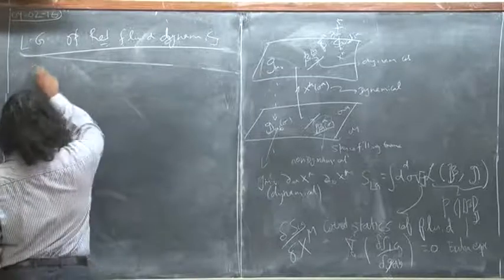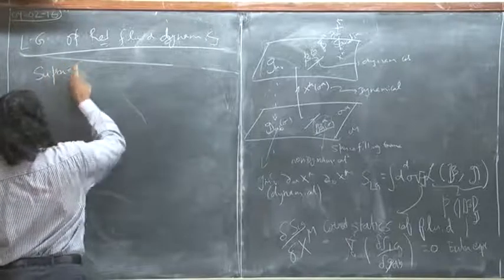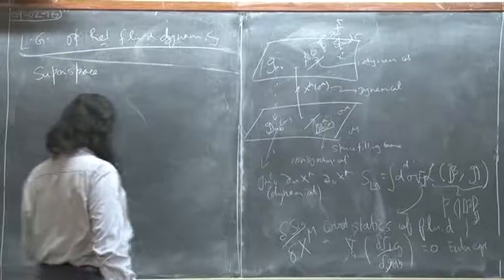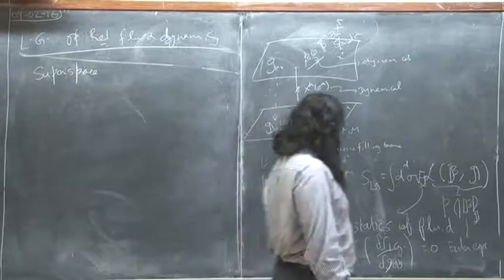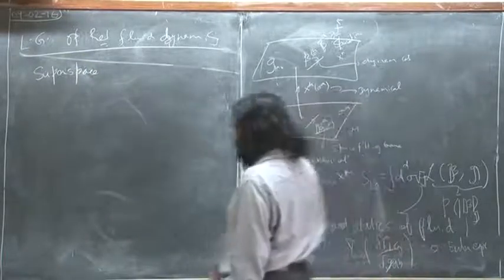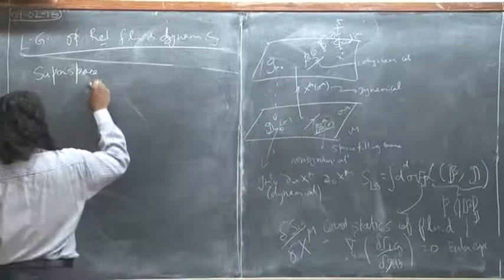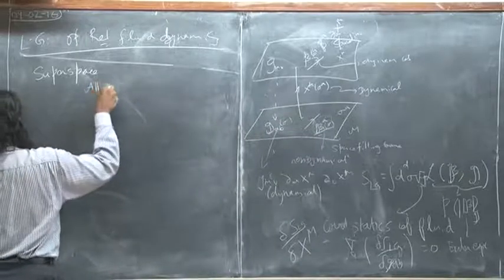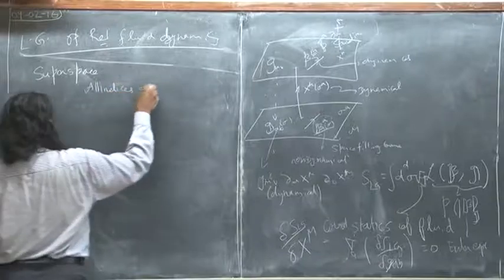So then the next thing is to go to superspace, which just means that you interpret all these indices as super indices. So all indices are super indices.